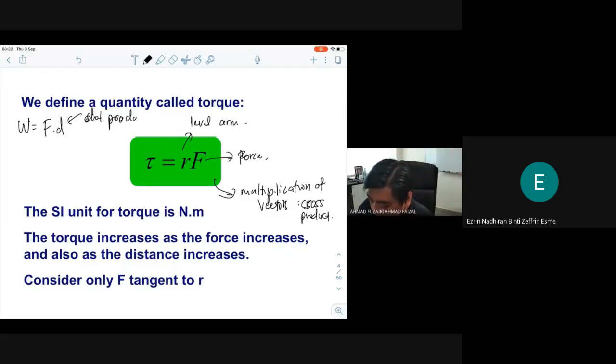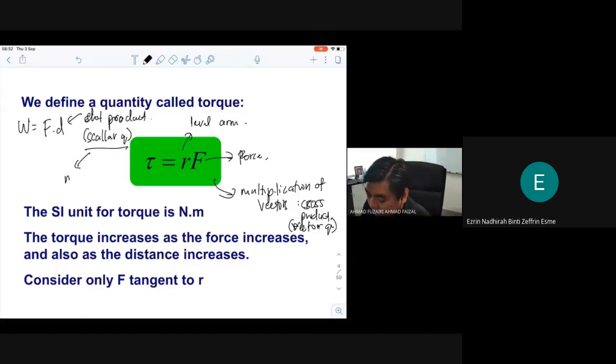Dot product will give you a scalar quantity, but cross product will give you a vector quantity. What does it mean by scalar quantity?